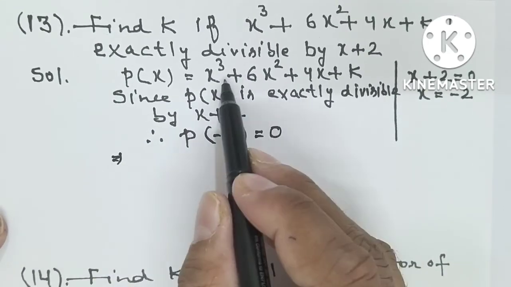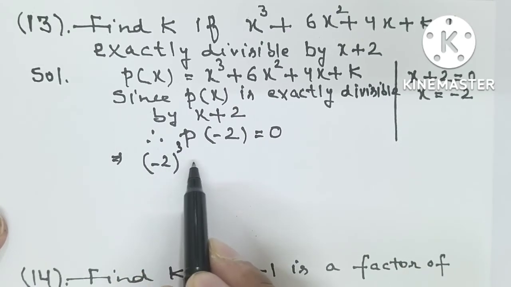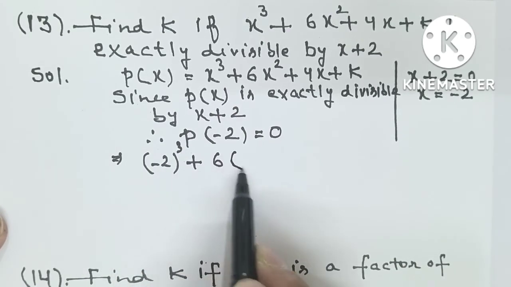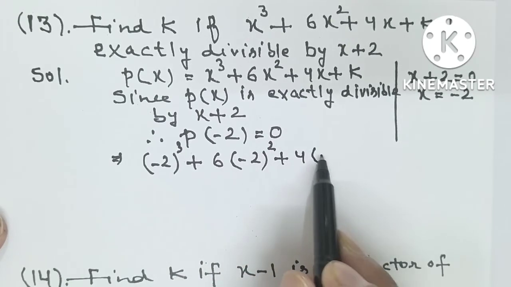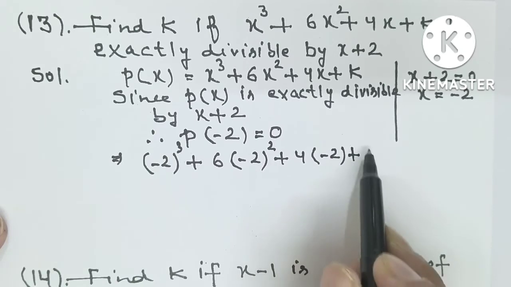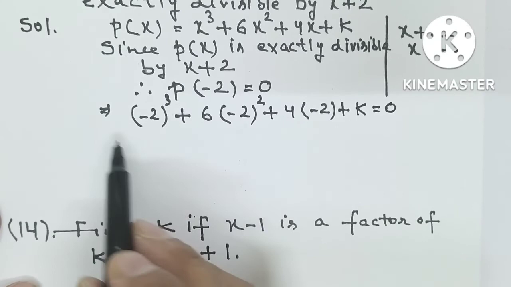Now this minus 2 we will put here. Minus 2 cube plus 6 into minus 2 square plus 4 into minus 2 plus k, and it is equal to 0. We will solve it.